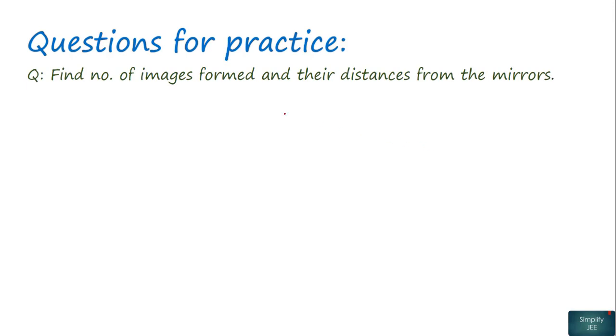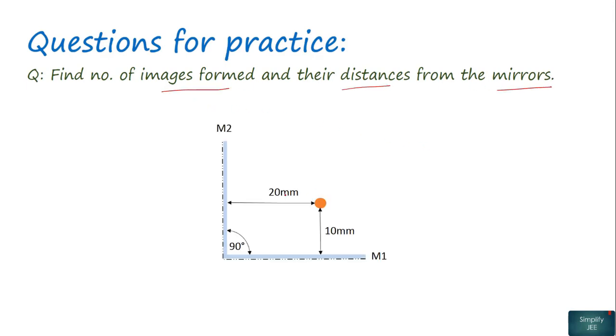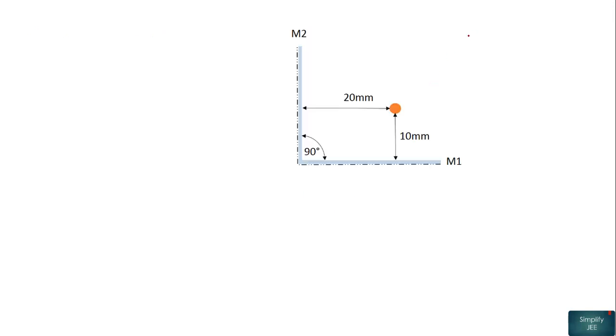Now in the next question, we have to find the total number of images formed and their distances from the mirrors. Here it is given that the mirrors are inclined at a right angle and the object is placed over here. Now in this case, the first image formed from M1 will be at a distance of 10 mm from M1 and at a distance of 20 mm from M2, and the image formed from M2 mirror will be at a distance of 20 mm from M2 mirror and 10 mm from M1 mirror.